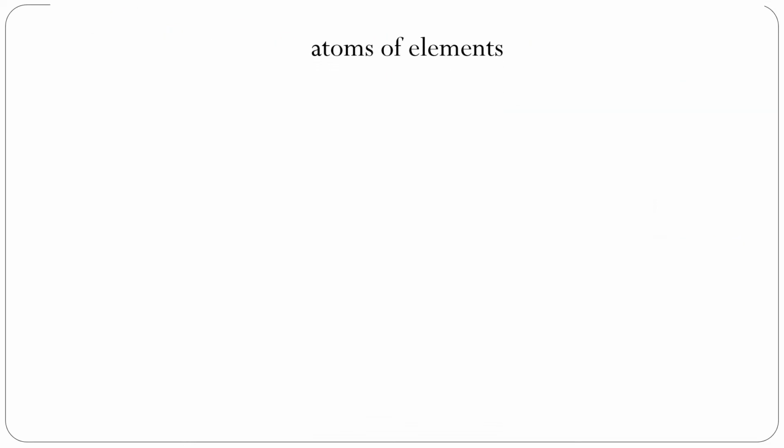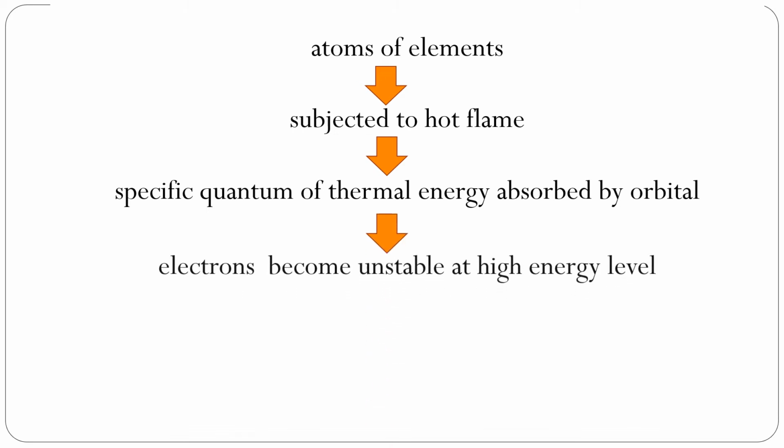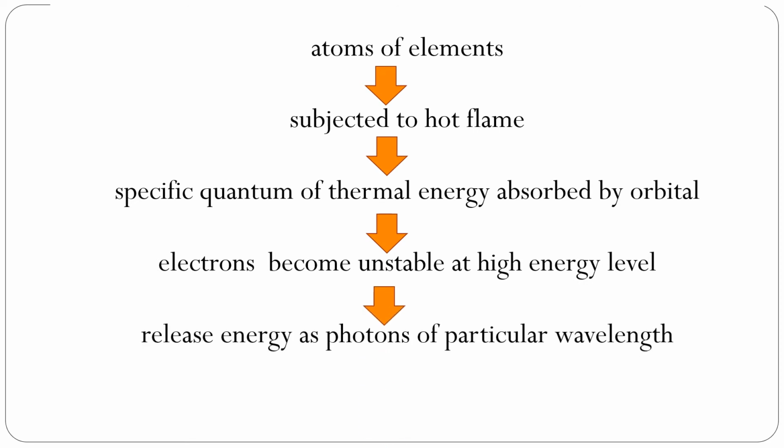Now the procedure here is that the atoms of an element, when subjected to a hot flame, absorb specific thermal energy. Because of this, the electrons become unstable at a high energy level, and so they release energy as photons of a particular wavelength, and this is measured.